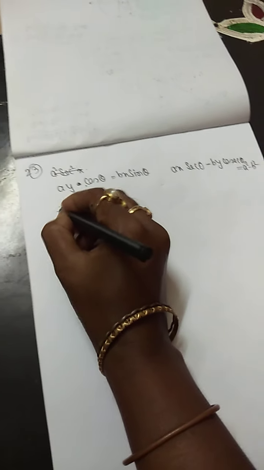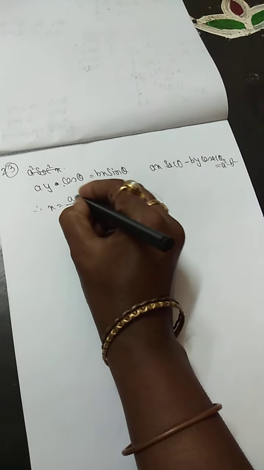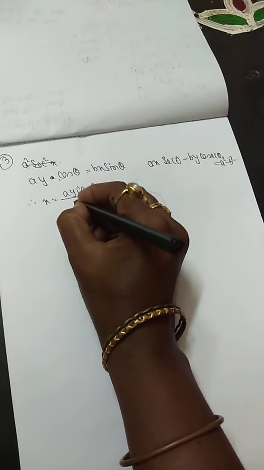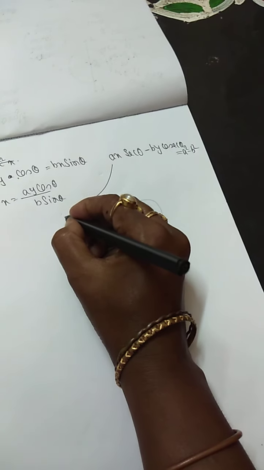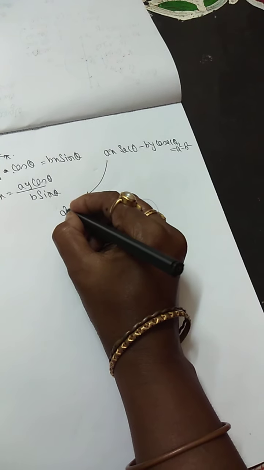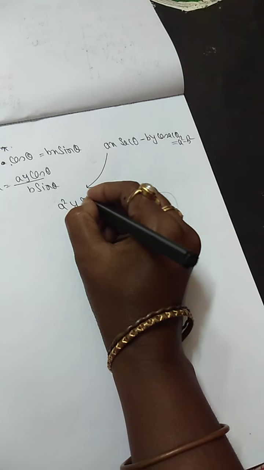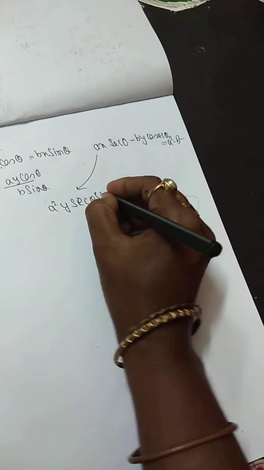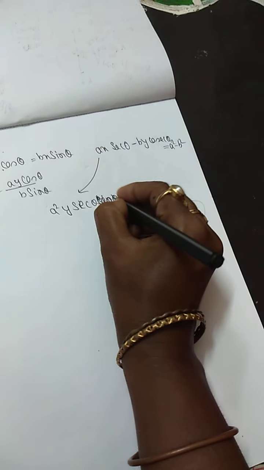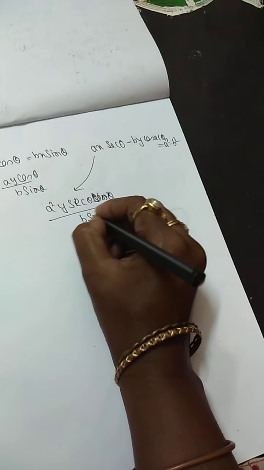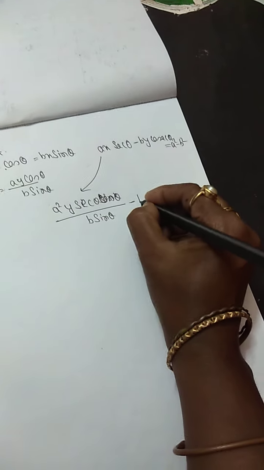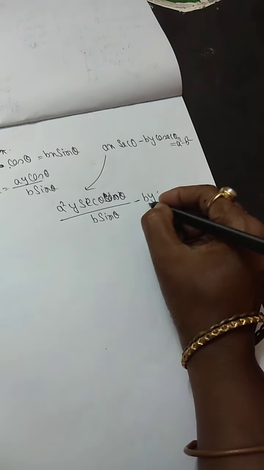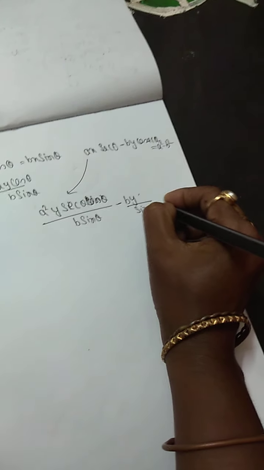Now see here, from here we can find the value of x. What will be x? x is a y cos of theta by b sin theta. If we put the value of x in this equation, we will get a into a y sec of theta cos of theta divided by b sin of theta minus b y cosec theta, meaning 1 by sin theta, and this is a square minus b square.